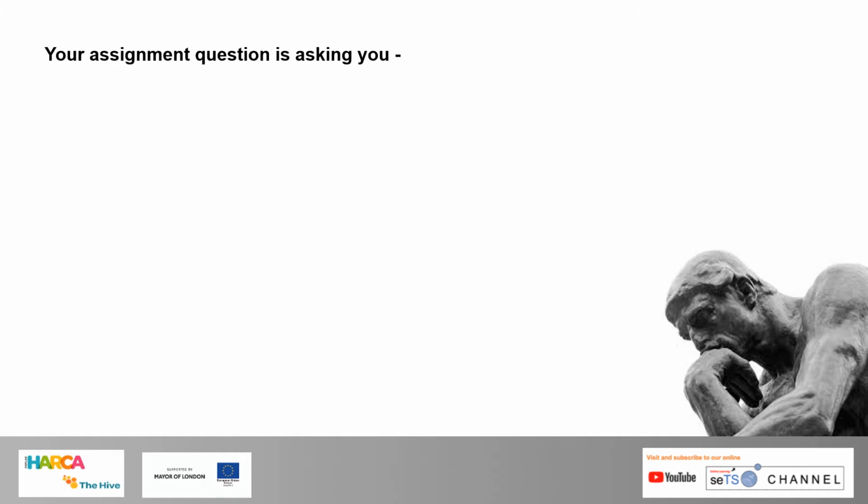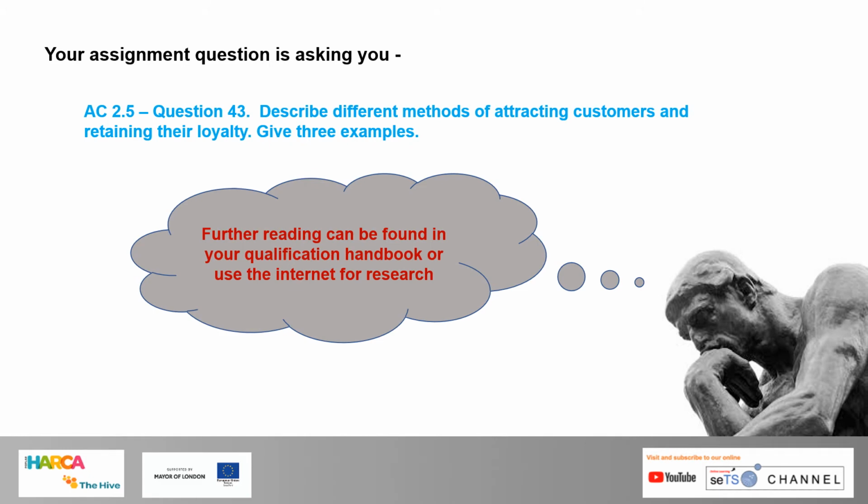Your assignment question is asking you for question 43 to describe different methods of attracting customers and retaining their loyalty. Give 3 examples. So attracting customers, previous, current and potential: advertising campaigns, promotional offers, promotional events, social media and internet activity.